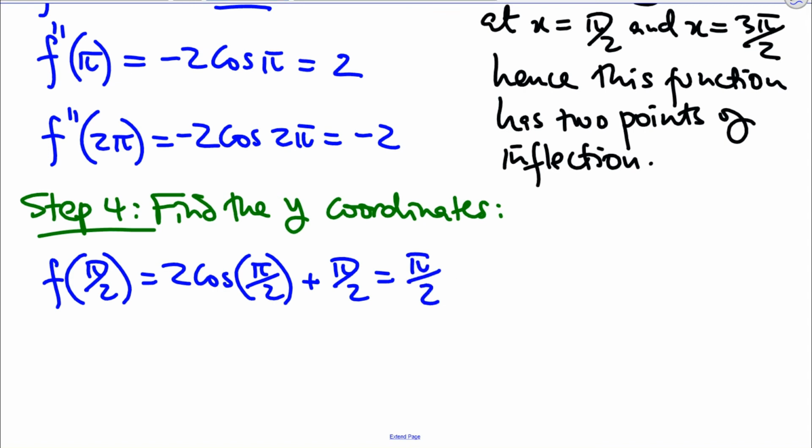Which means this coordinate will be pi over 2, pi over 2.